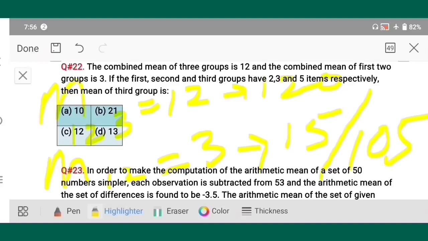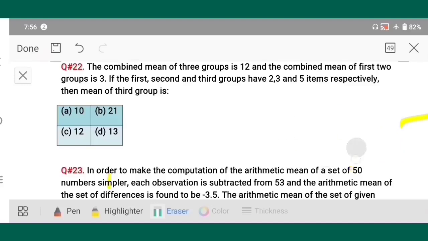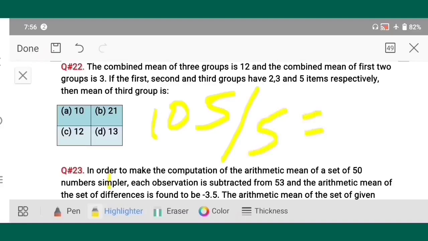So this is the sum of the third group. So just divide the sum, that is 105, by the number of observations in the third group. So in the third group we have 5 observations, so it gives 21. So our correct option is 21.